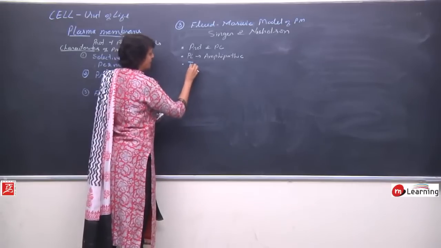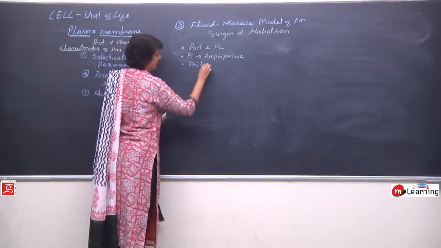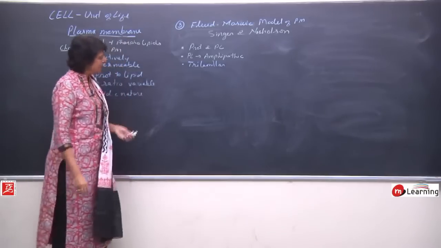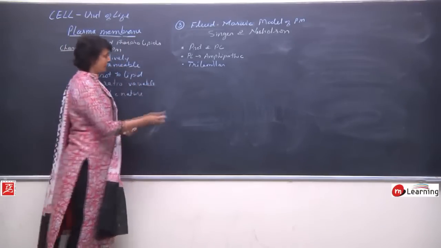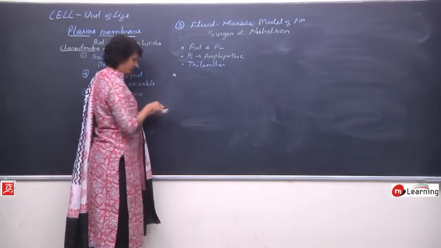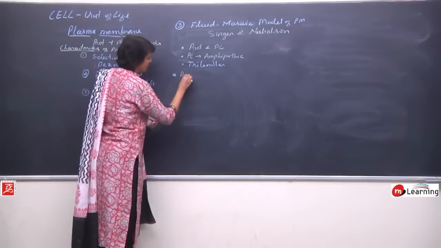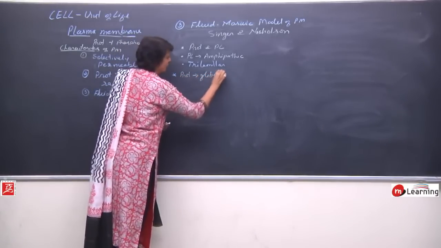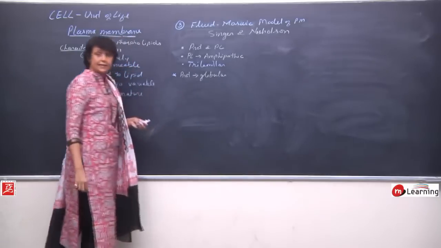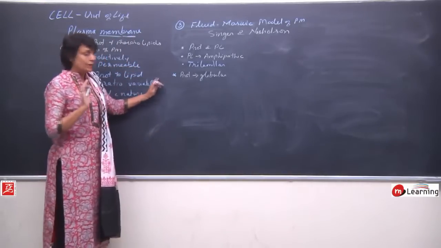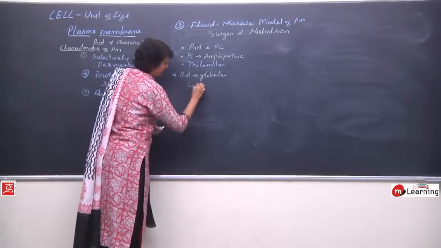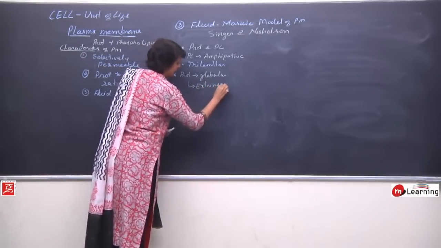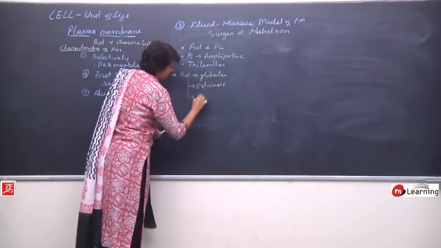It is a trilamellar structure. This is also same. So the differences are, the first important difference is that proteins are globular and they are of 2 types, extrinsic and intrinsic.